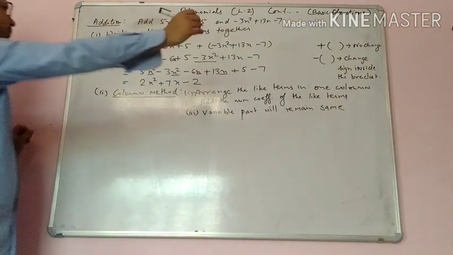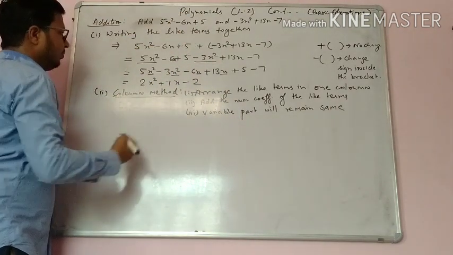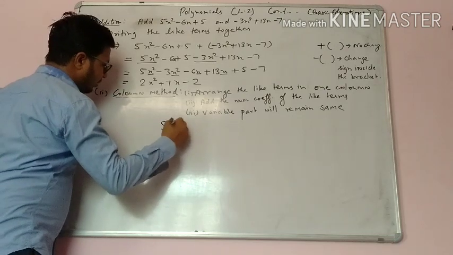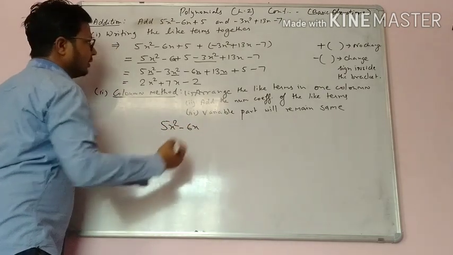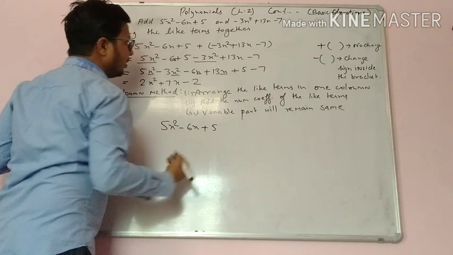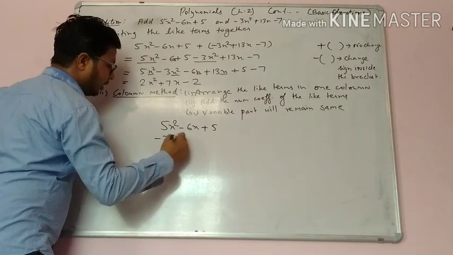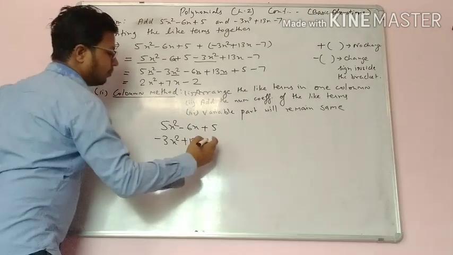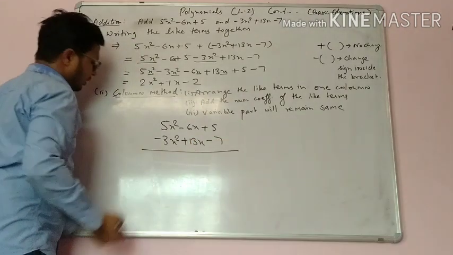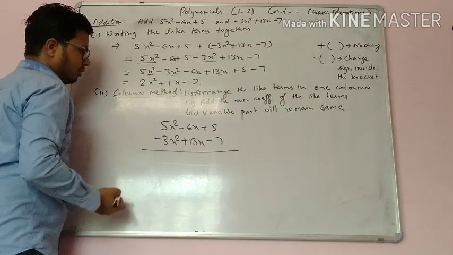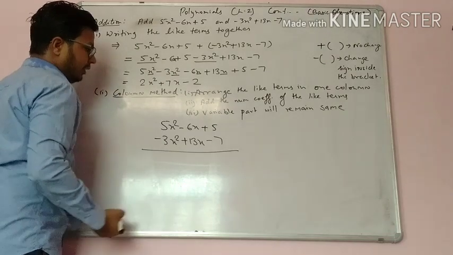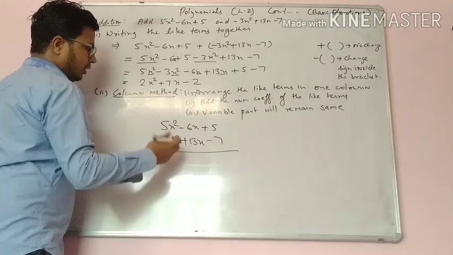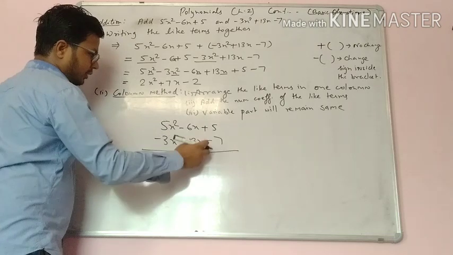Now see, the same question I am arranging in the column. 5x square minus 6x plus 5, minus 3x square plus 13x minus 7. Now you have to do the addition, arranging the like terms together. x square terms, x.